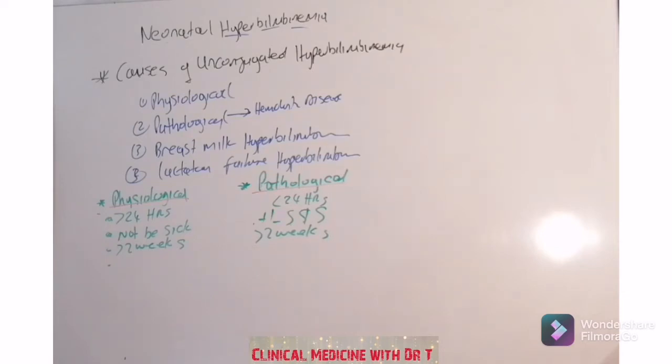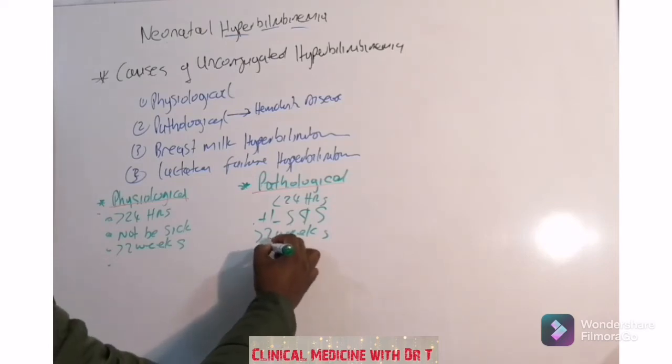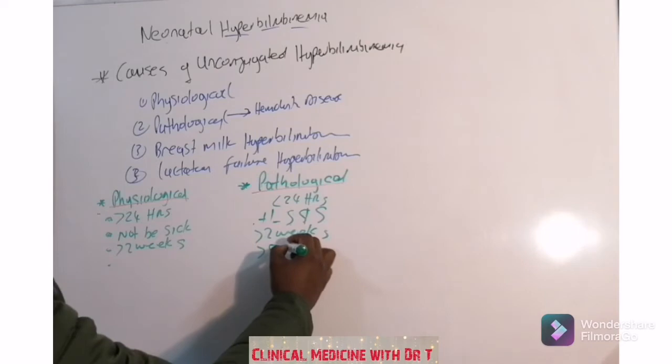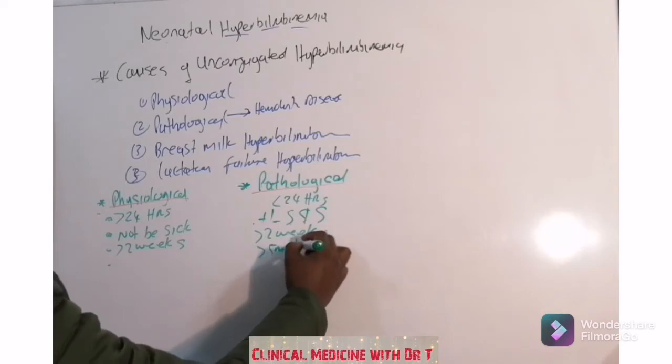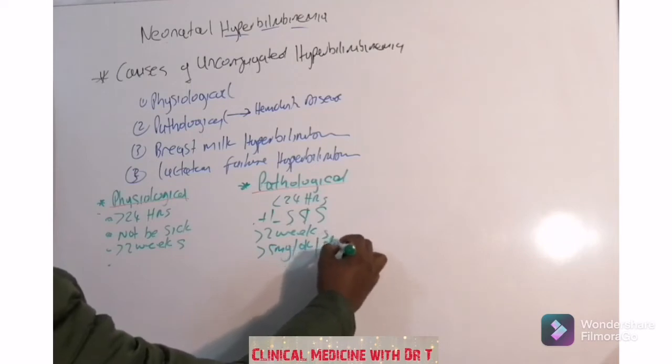The rate at which the bilirubin accumulates in the blood is also important. In pathological jaundice, the accumulation rate is greater than 5 milligrams per deciliter per day.